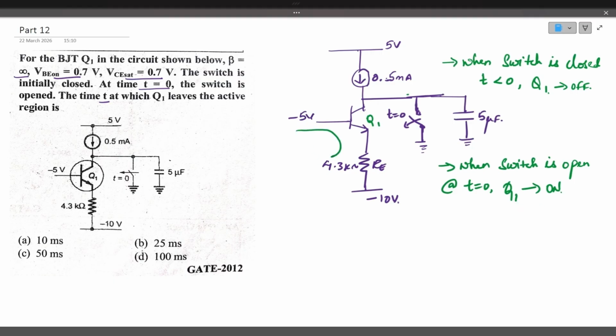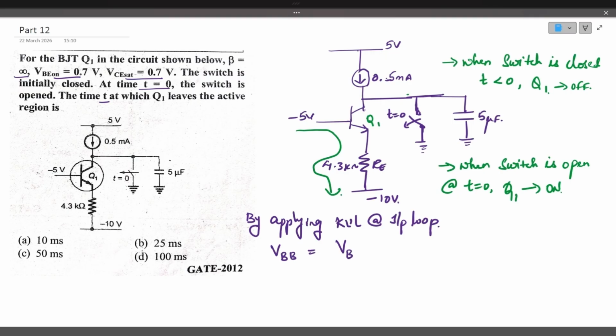So if you apply Kirchhoff's voltage law in the input loop, you will get VBB equals VBE plus VE, that is the voltage drop across the emitter, which can be written as IE times RE plus VEE.